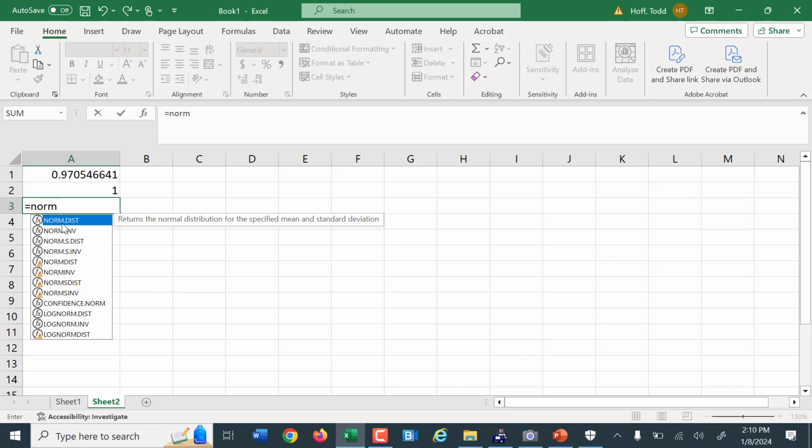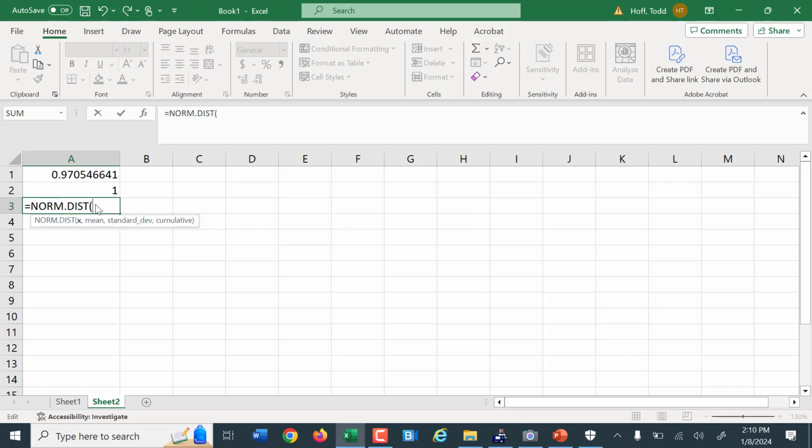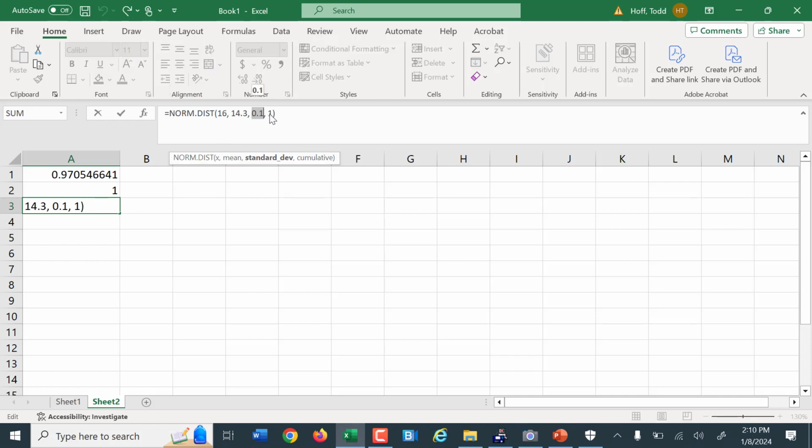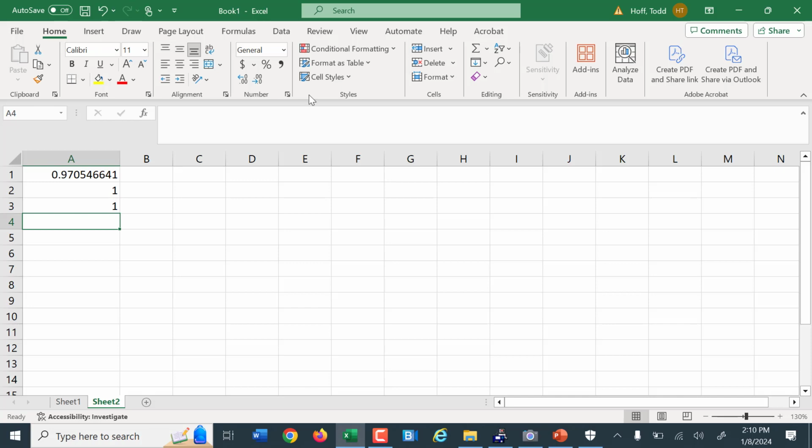If I use the rounded value that we got from dividing out that standard error of the means and getting the 0.1, well, it'll be 16, 14.3, 0.1, and true. I'm still going to get 1. So even though that 0.1 for the standard deviation of the sample means is really like 0.08, it's been rounded, it doesn't significantly change our answer at all here.